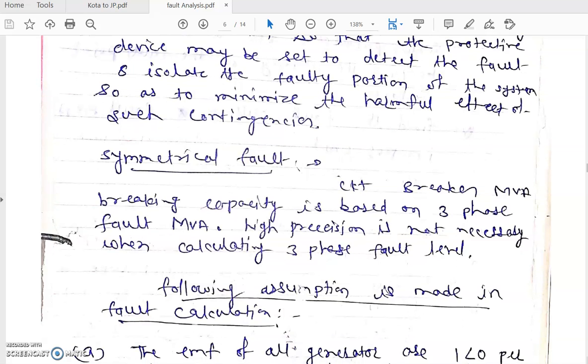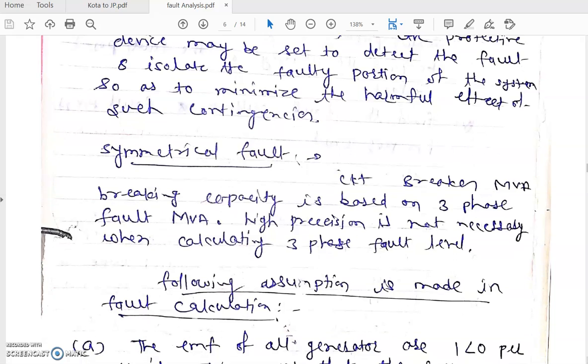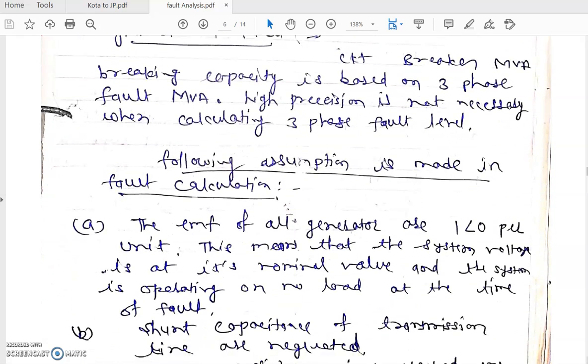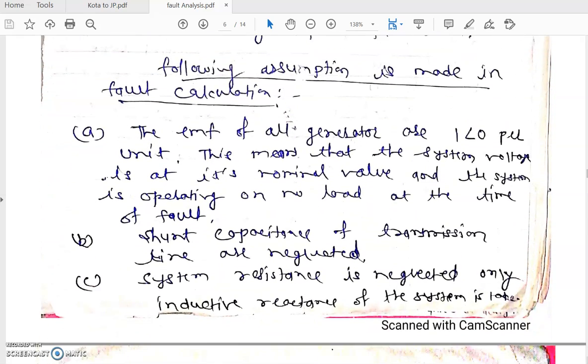Circuit breaker MVA breaking capacity was based on the three-phase fault MVA. High precision is not necessary when calculating the three-phase fault level, as I discussed. The following assumptions are made in fault calculation. We have to take some assumptions for the calculation purpose. The EMF of all generators are 1 angle 0 per unit.